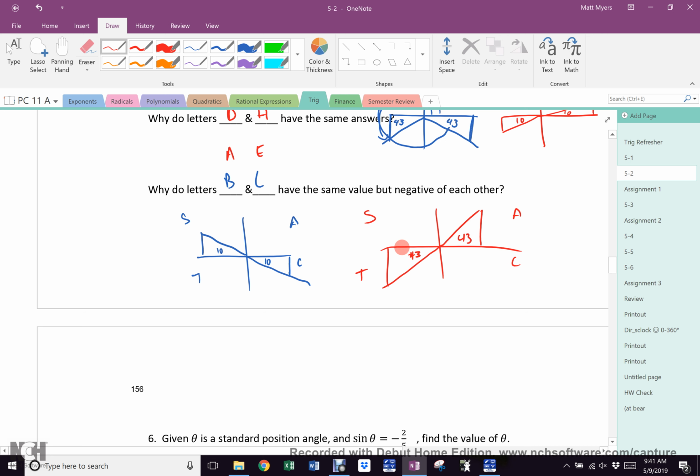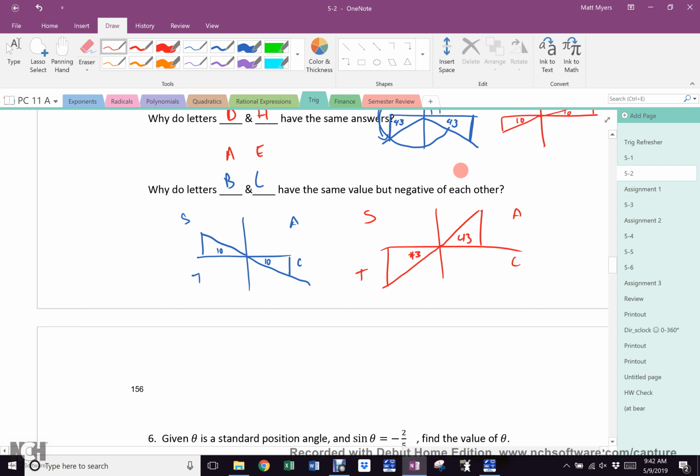Now this causes us much grief. Because sometimes your calculator is going to give you the reference angle. And sometimes your calculator is going to give you the real angle. So you have to actually understand the math to understand your calculator.